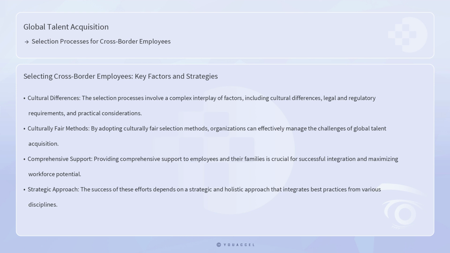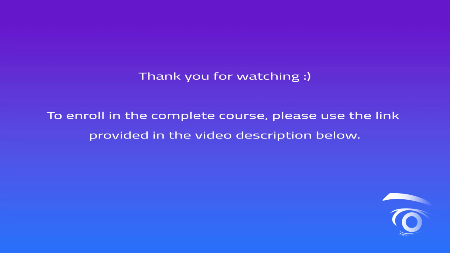The success of these efforts depends on a strategic and holistic approach that integrates best practices from human resource management, cross-cultural psychology, and international business. As organizations continue to expand globally, the ability to select and integrate cross-border employees will become increasingly important for achieving sustainable competitive advantage. This concludes the lesson.